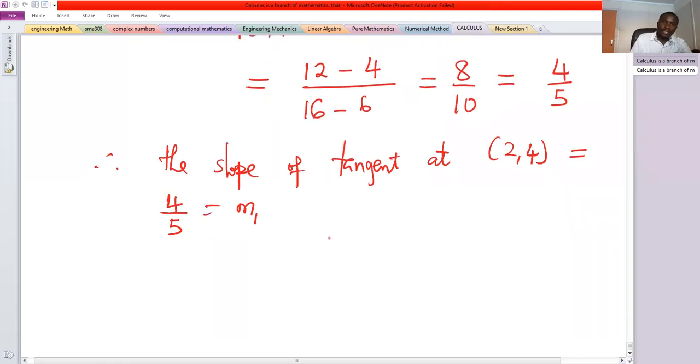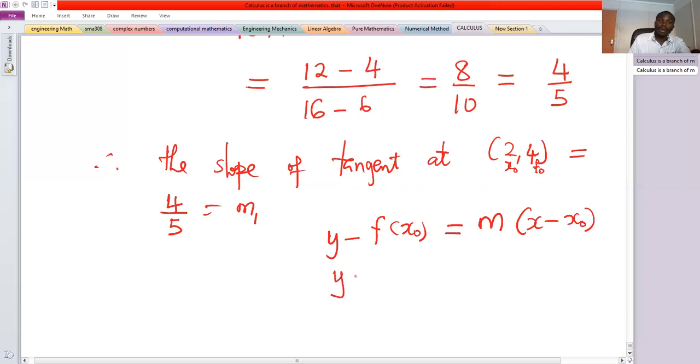So the equation of the tangent is given by y minus f of x naught equals m times (x minus x naught), where this is our x naught, and this is our value of f of x naught. When x is 2, y is 4, so we'll have y minus 4 equals m, which is 4 over 5, into (x minus 2).